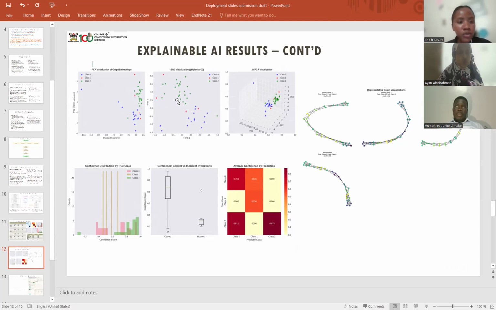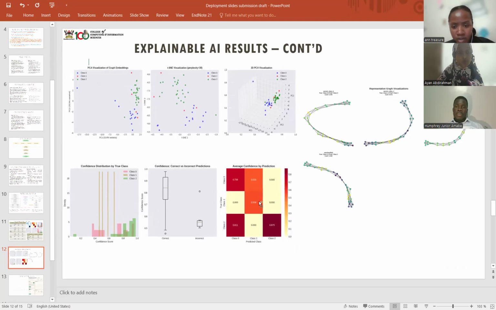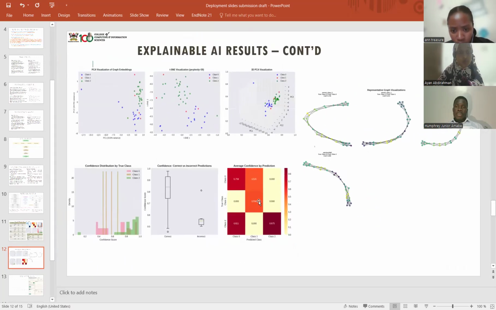And then we see more samples of the surface discharge, which shows that indeed the more the number of samples, the better the performance. So the average confidence by prediction, we see surface discharge having a higher confidence, but there is still a bit of confusion between internal and corona, as I had said before.